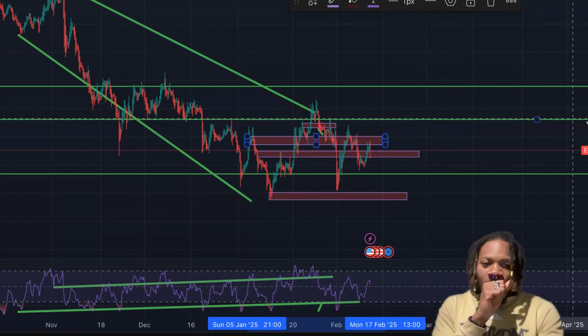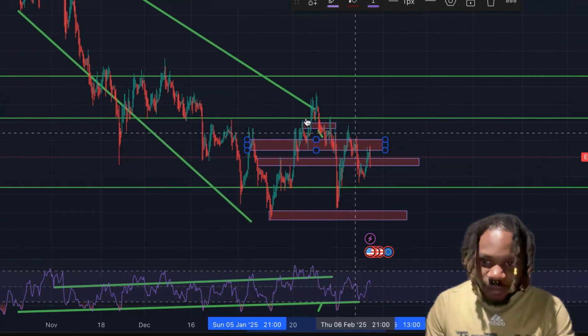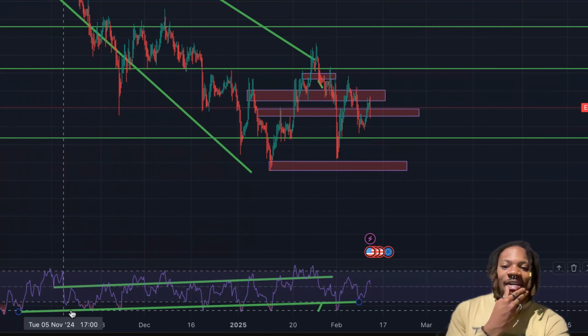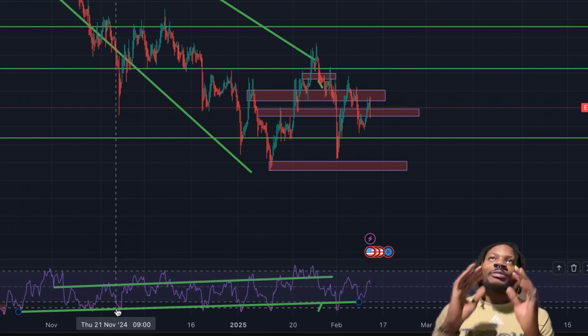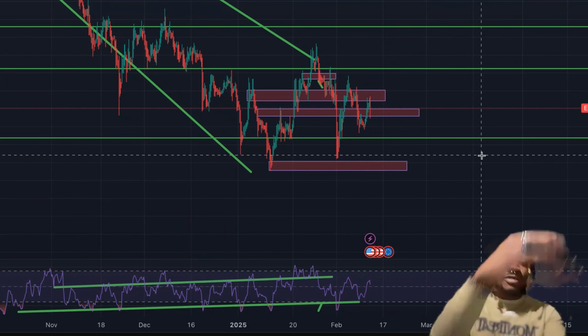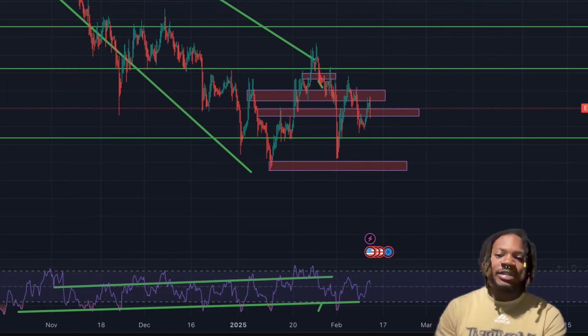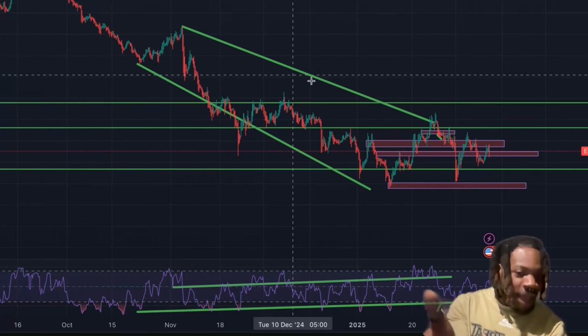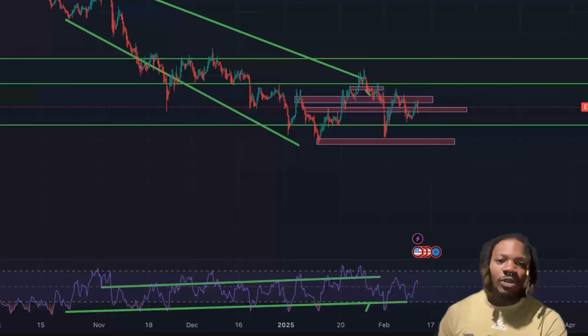As you can see marked on the bottom, we have price going higher. The strength of this asset is going higher versus the rest of the market. That's what the RSI is telling us down here, while at the same time it was going down in price in actual real time.